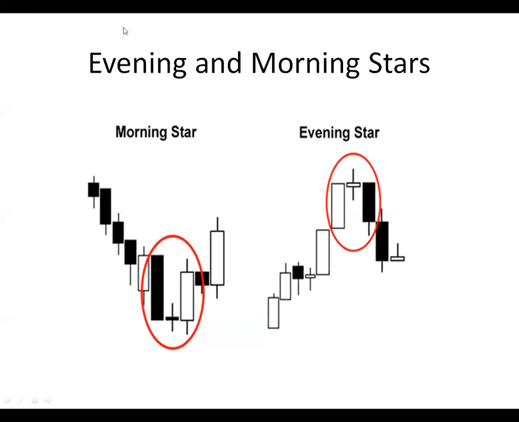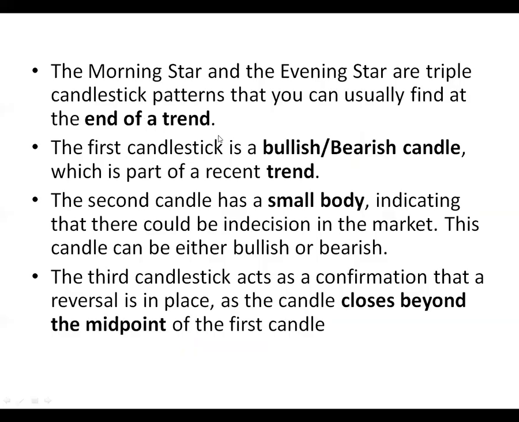Now, let's read some notes and see the way forward. It says, the morning star and the evening star are triple candlestick patterns that you can usually find at the end of a trend. The first candle is a bullish or a bearish candle, which is part of a recent trend.